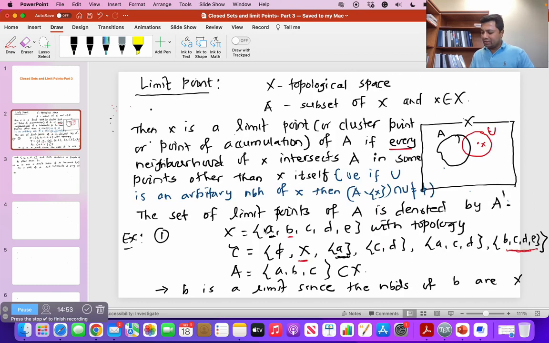If you do a similar investigation, you can see that D and E are going to be limit points, but not C. You can check that one.